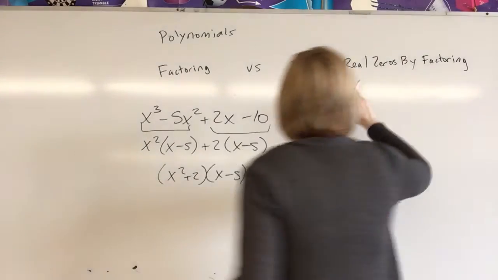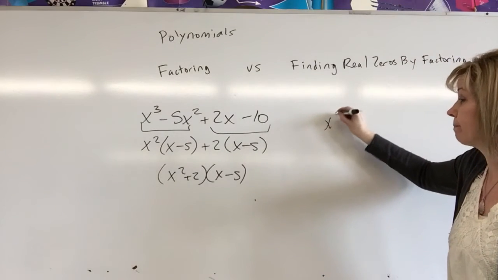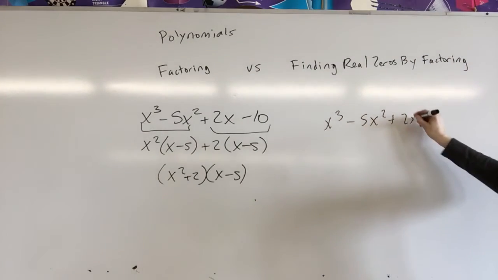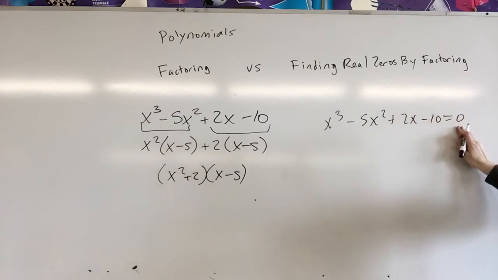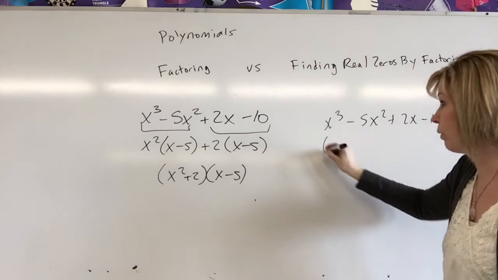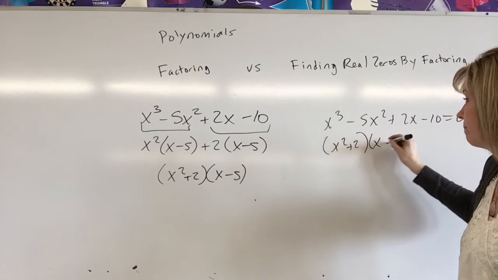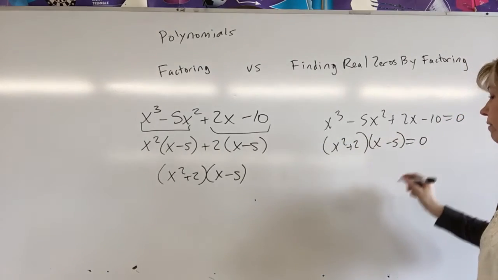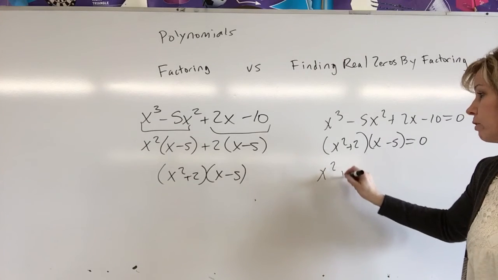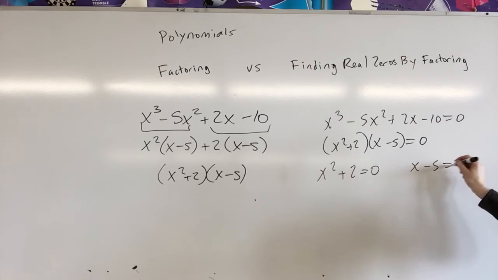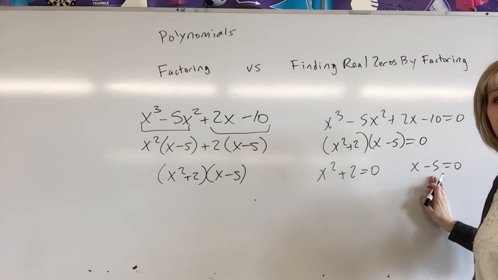If I would ask to find the real zeros, we already know the factors, so let's just write out that part. But this time I'm going to say equals 0. So I know my factors are x squared plus 2 and x minus 5 equal to 0. So let's set each factor equal to 0. So here, what do we do to get x by itself?